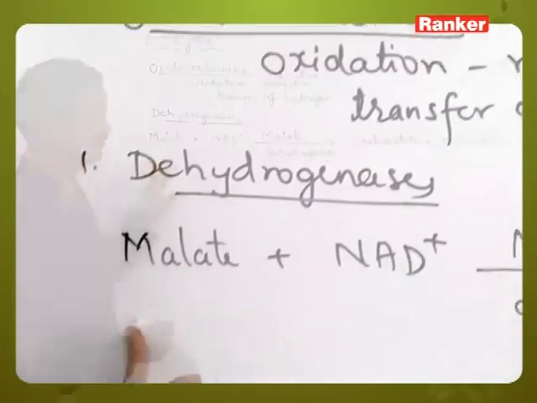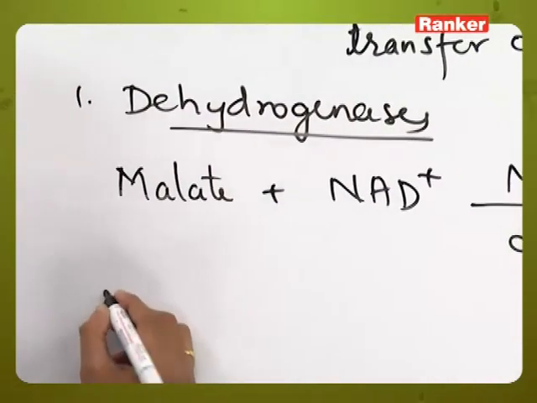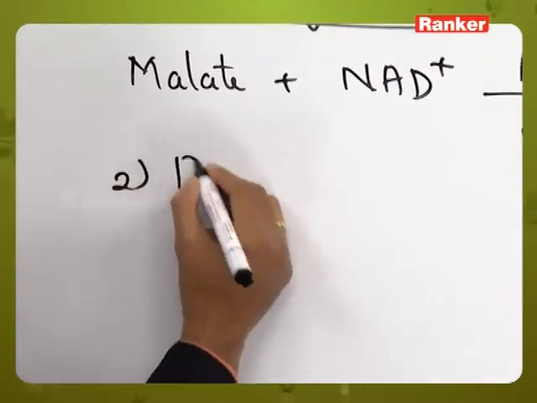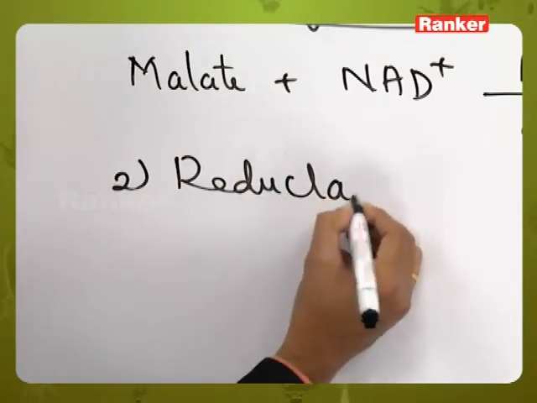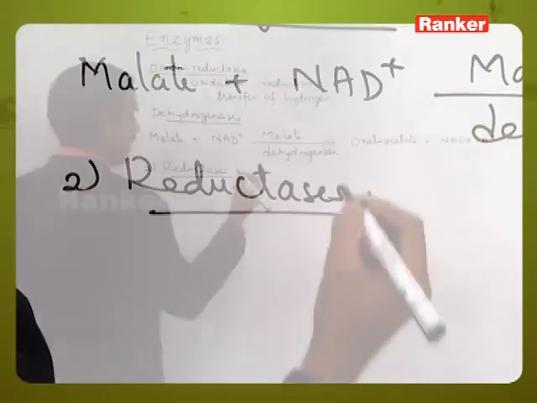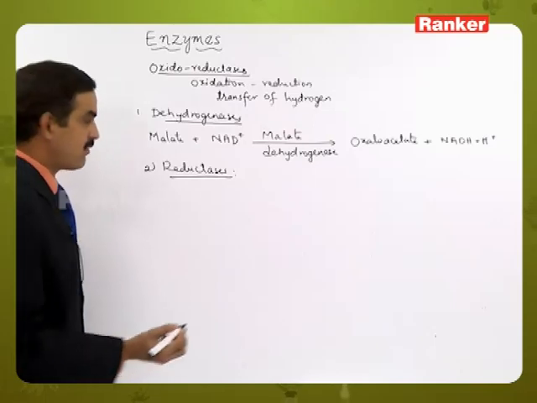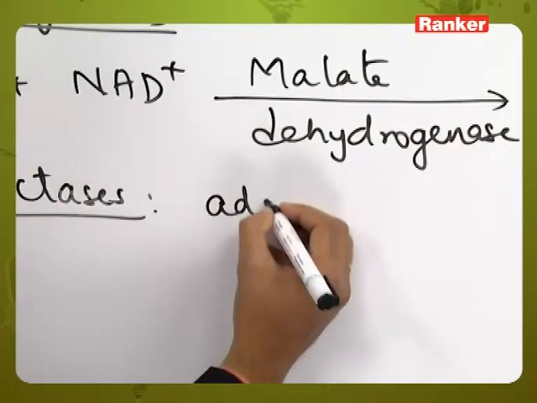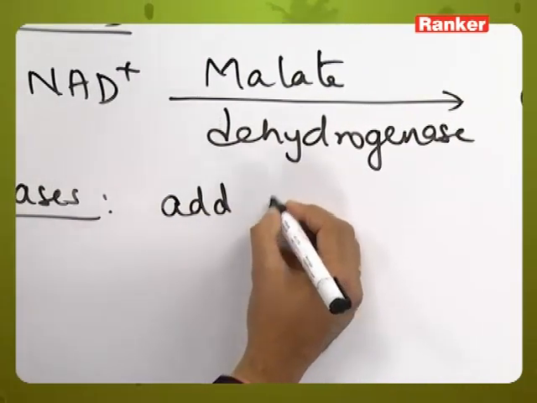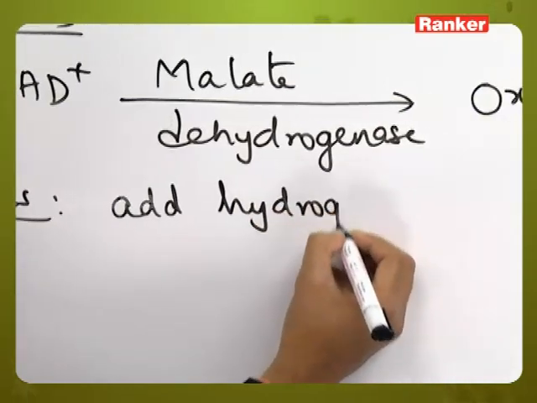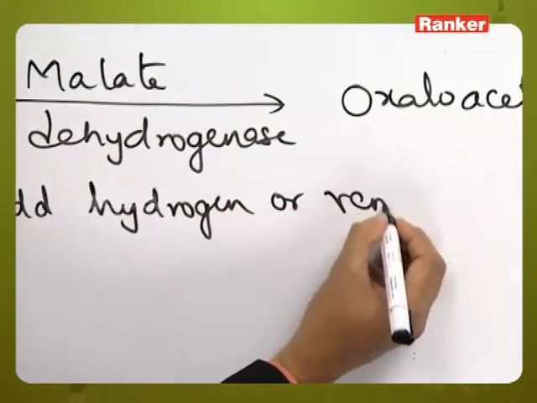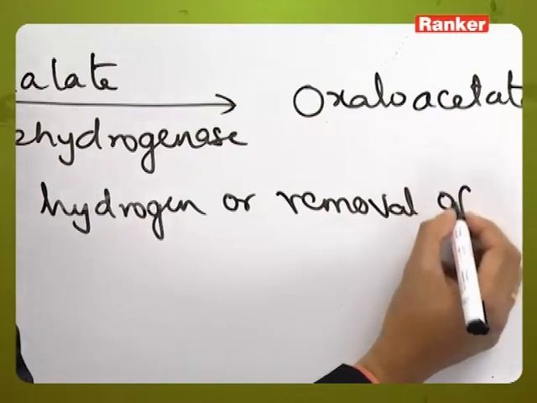In the oxidoreductases, the second one is reductases. Reductases are the ones which are involved in adding of hydrogen or removal of oxygen.